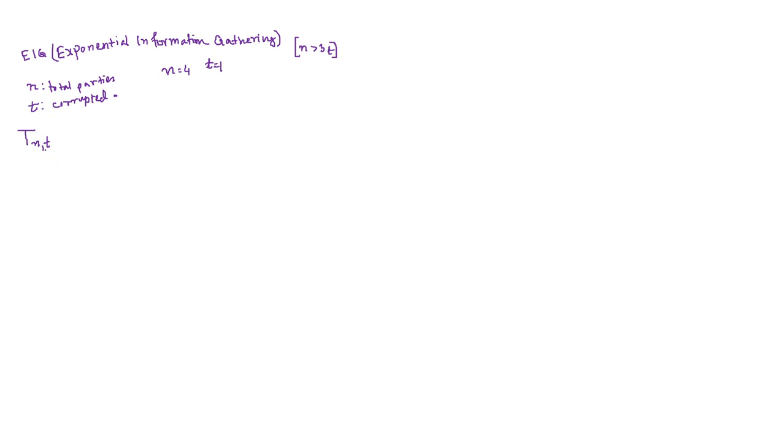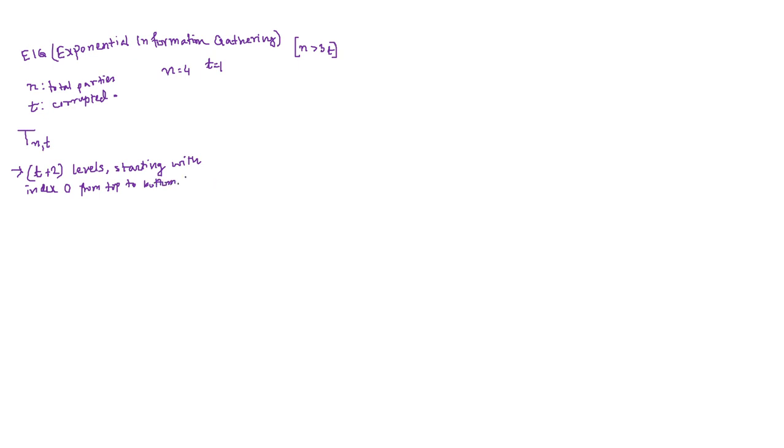For any N, T EIG tree, there must be T plus 2 levels of the tree, and we usually start the level index with 0. So level 0, level 1, like that, from top to bottom.